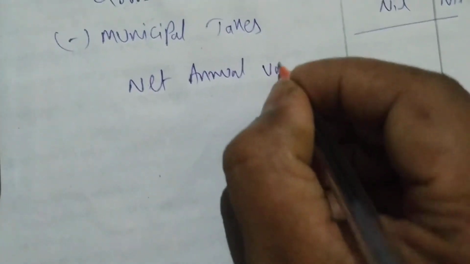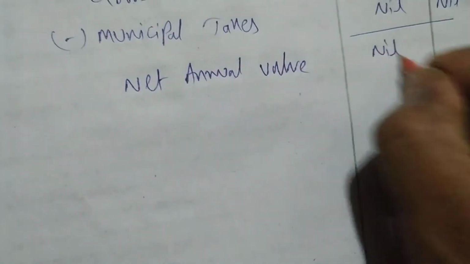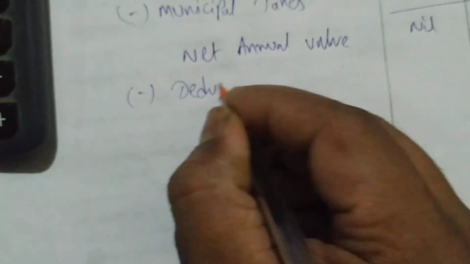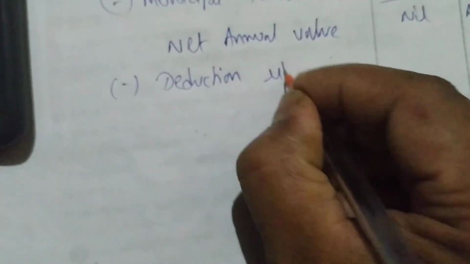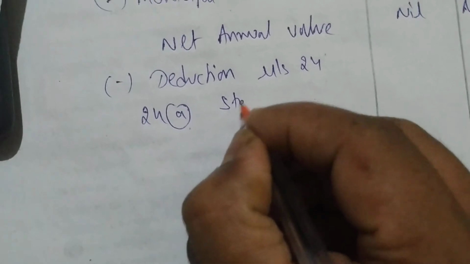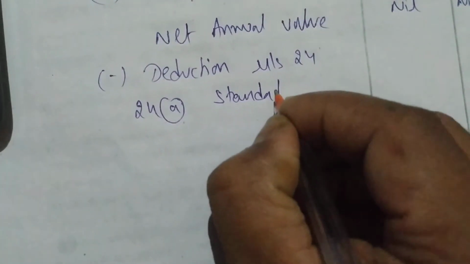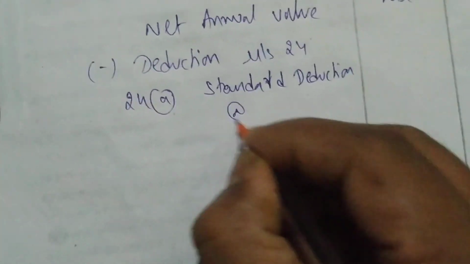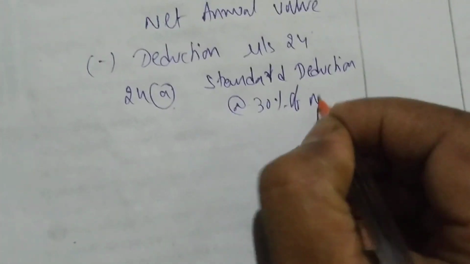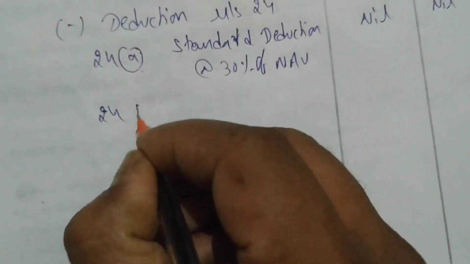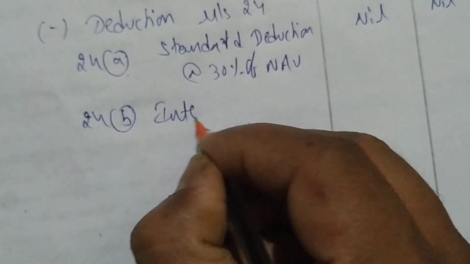Net annual value is also nil. Then what we do? Deductions under section 24. First is 24A, standard deduction at the rate 30% of NAV. This is nil. This will be also nil. Okay. Next 24B, interest on loan.